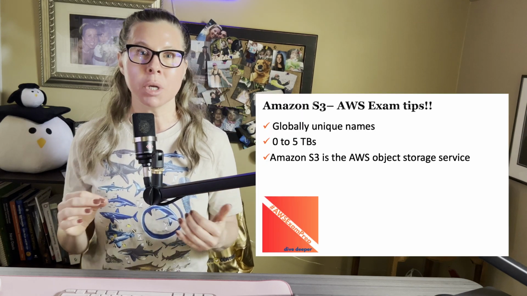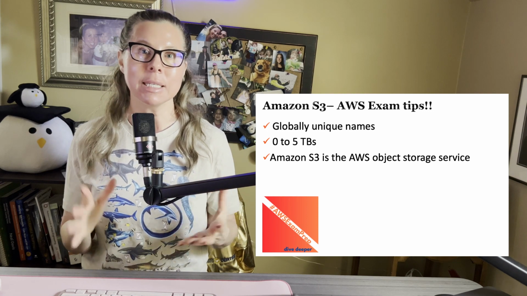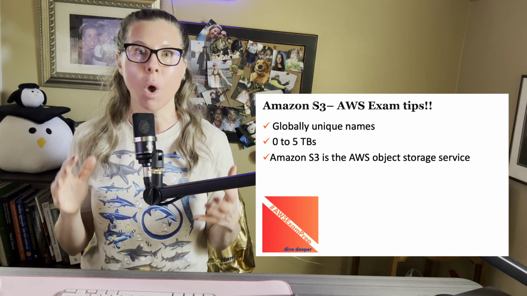So on your exam, if you are asked to choose an object storage system, then that choice should be S3 because S3 is an object store system. It is not a file system like EFS, Amazon Elastic File System, or a block storage system like EBS, Amazon Elastic Block Store. And we will cover all of these storage systems under the storage fundamental lesson that is coming soon.